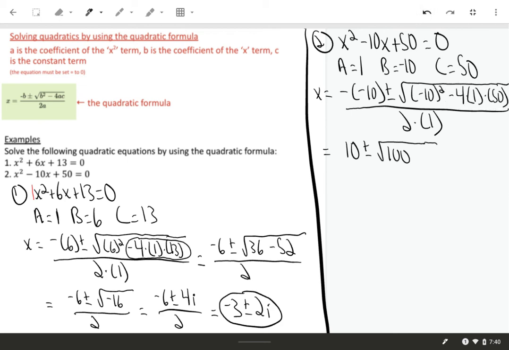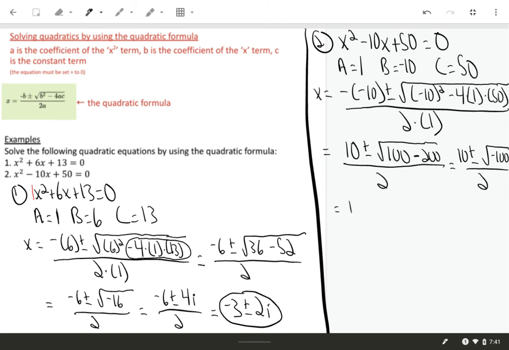So -4 times 1 times 50, that's going to be a -200, right? -4 times 1 is -4. -4 times 50 is going to be -200, divided by 2 times 1, so that's 2. Keep simplifying. 10 plus and minus square root of 100 minus 200, which is -100, divided by 2.